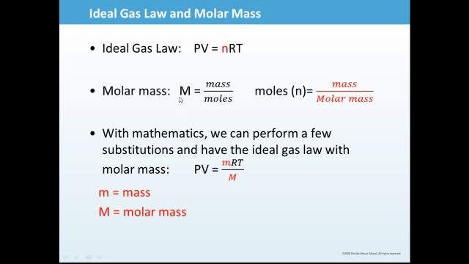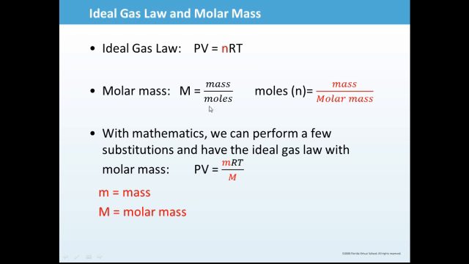Moving forward with the honors version, we also know from previous lessons in stoichiometry that molar mass, we're going to use a capital M to represent molar mass, equals the mass in grams of 1 mole of your substance. So molar mass is mass divided by mole.